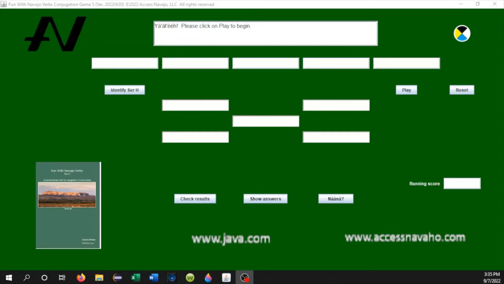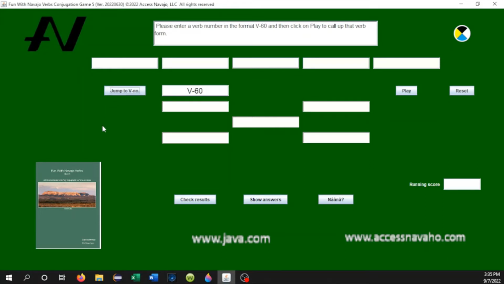Let's look now at the second mode. So we're going to click on the mode button, and from identify seriative H, it's going to change to jump to verb number. So if there's a specific verb that we want to play, then we can use this mode to get there.